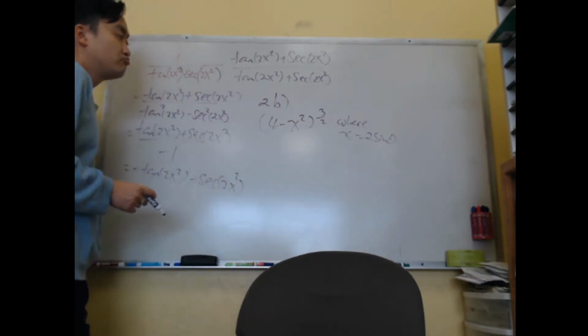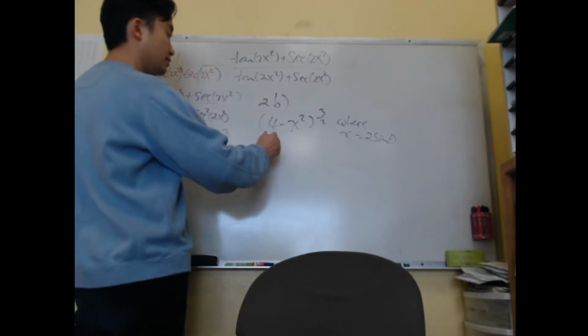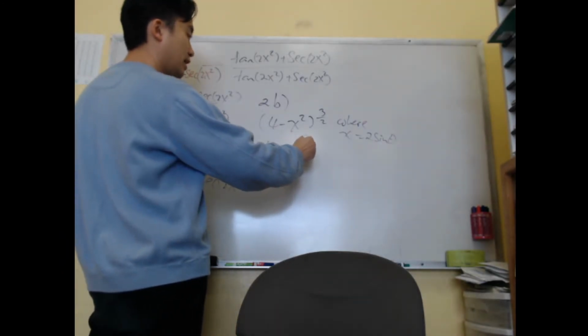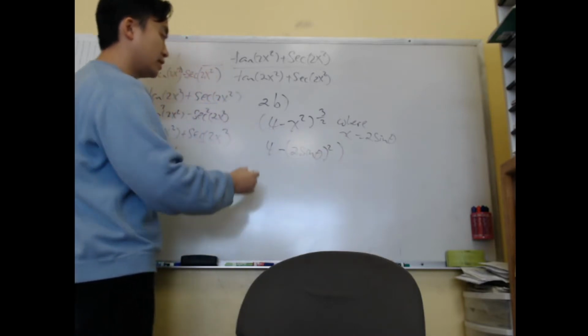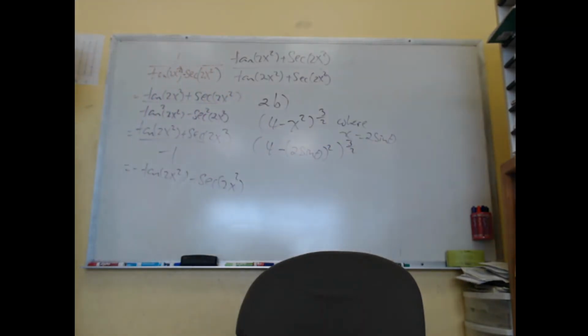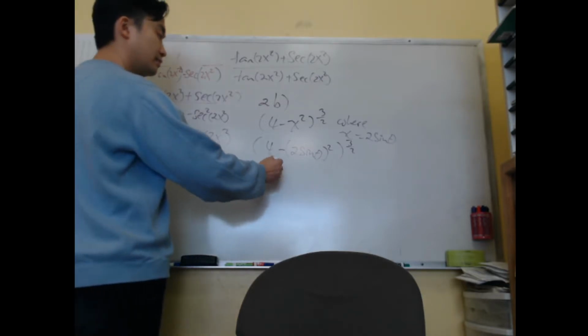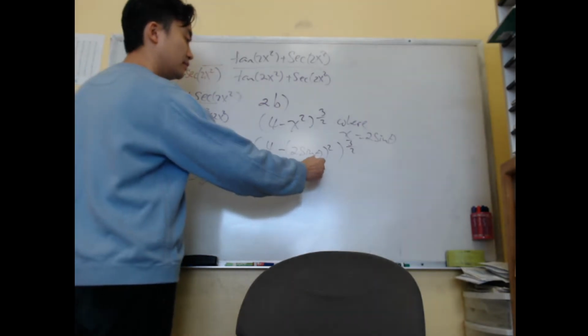Distribute the power? No, you don't want to distribute the power. Yep, so 4 minus 2 sine of theta, quantity squared, right? X squared, power of. Okay, what's 2 sine of theta, quantity squared? 4 sine squared of theta, right?